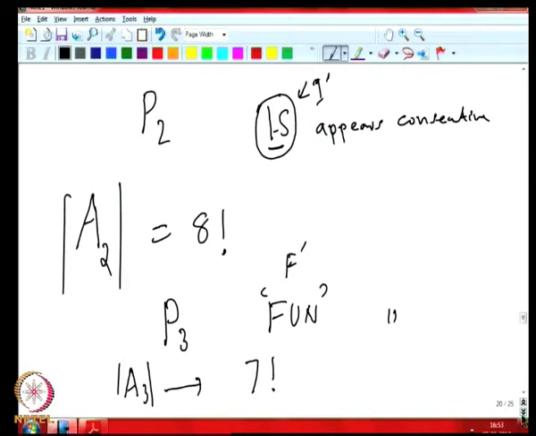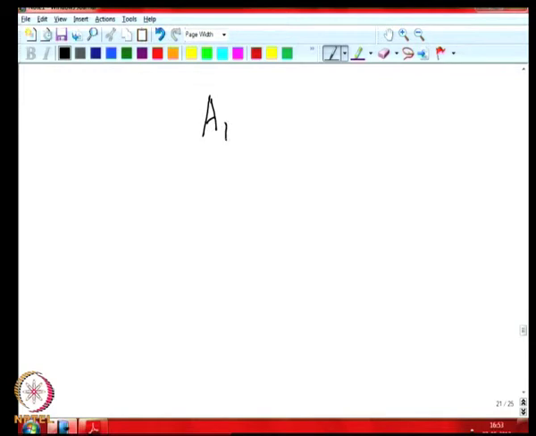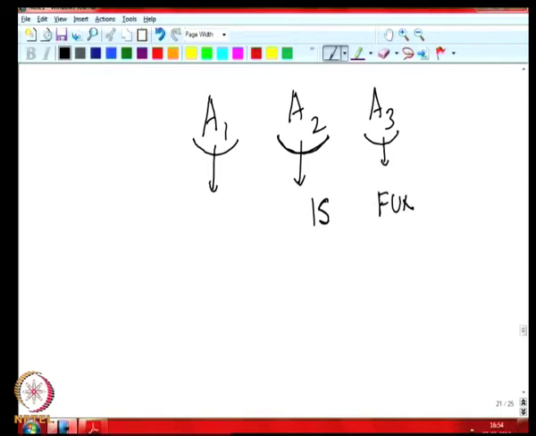So now you see that A1, A2, A3 correspond to the permutations which have the properties we do not desire. A1 has the property that math comes in consecutive positions. A2 is the set of permutations where ease appears in consecutive positions, and A3 is the set of permutations where fun appears in consecutive positions.